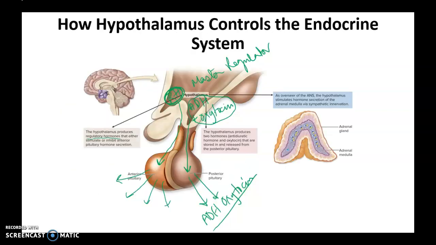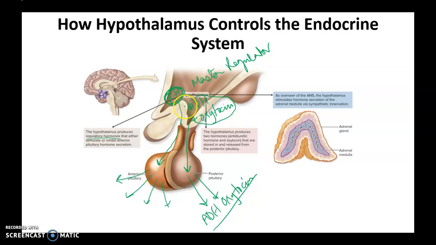All right. Now the question is, we just talked about the regulatory hormones that are produced in the hypothalamus, and those hormones target the anterior pituitary. But how do these regulatory hormones travel from the hypothalamus all the way to the anterior pituitary?